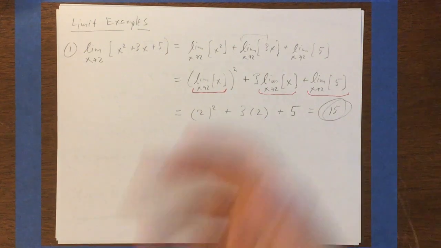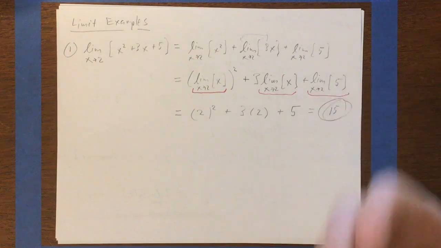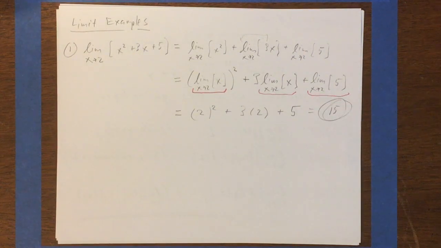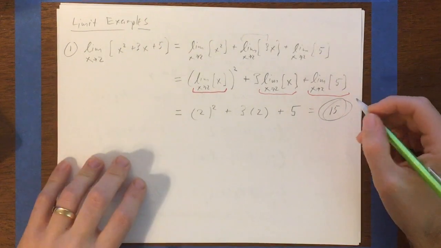On the worksheet, there are problems where I ask you to solve limits analytically. I want you to be using properties like this, but you're also allowed to use direct substitution whenever you encounter a continuous function.